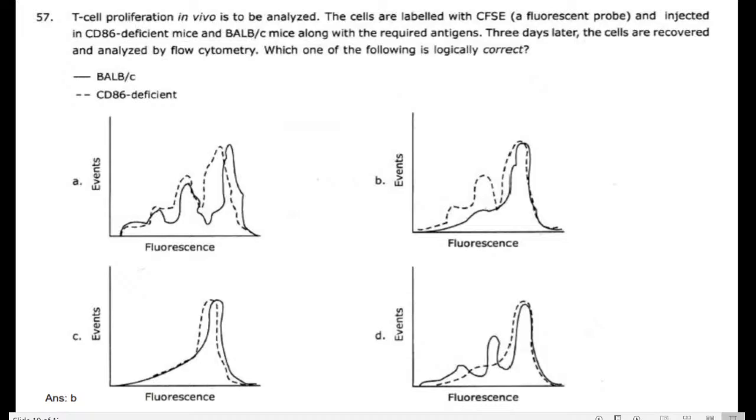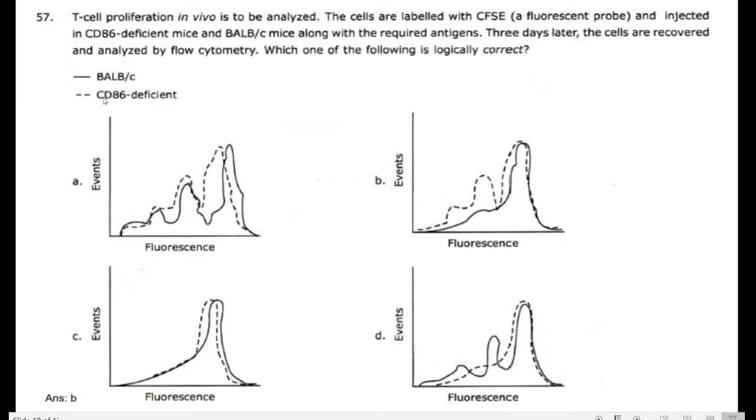The cells are labeled with CFSE, the fluorescent probe, and injected into CD86 deficient mice, and into BALB/c mice, along with the required antigen. 3 days later, the cells were recovered and analyzed by flow cytometry, because they are labeled with the fluorescent probe. Which of the following is logically correct?